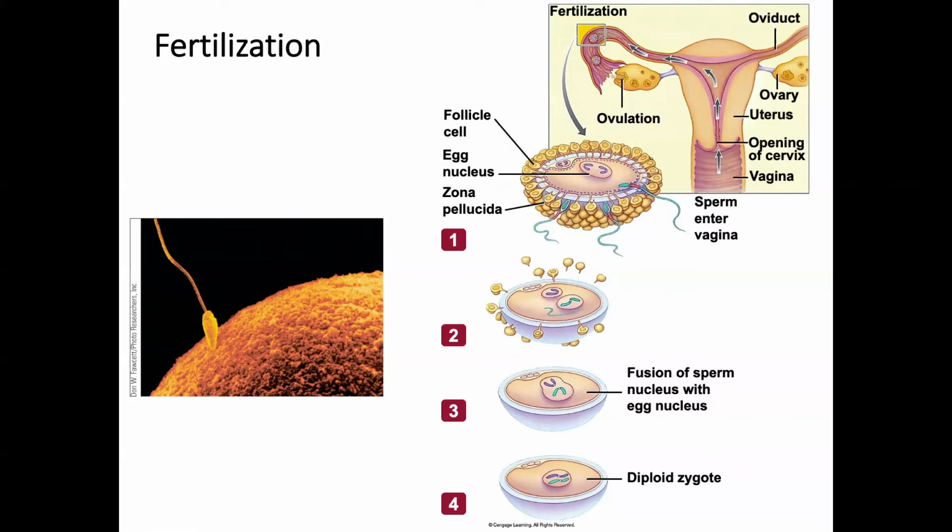And then in step 3, the sperm tail degenerates. You don't see this tail anymore, and its nucleus enlarges and fuses with the oocyte nucleus. Okay, and finally, in step number 4, a zygote has formed, and fertilization is completed at this stage. All right.